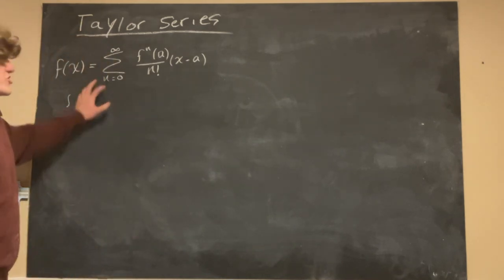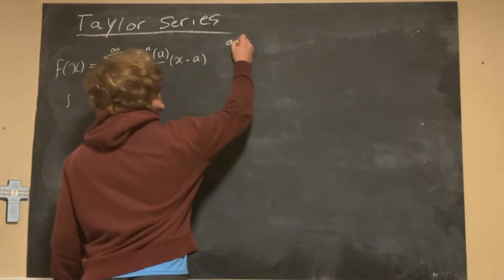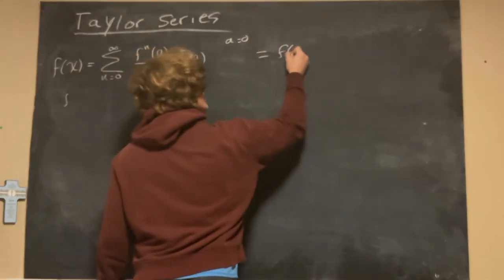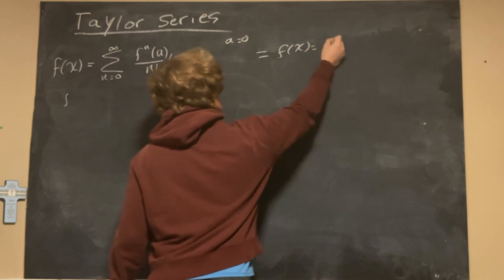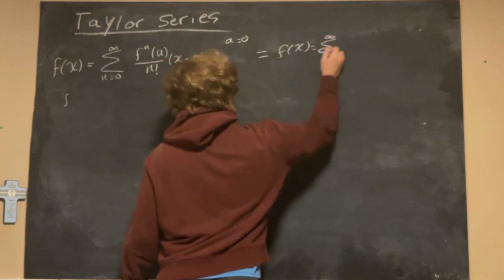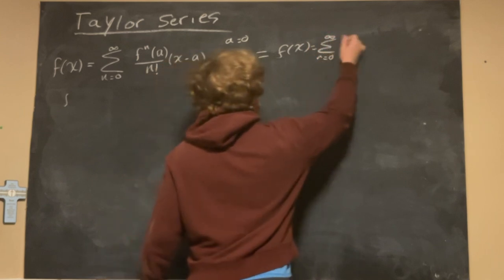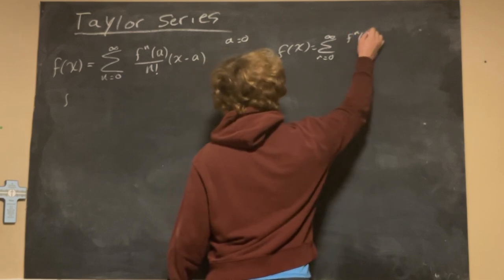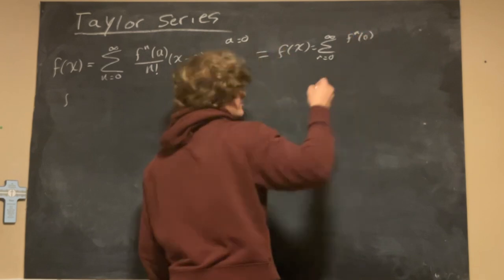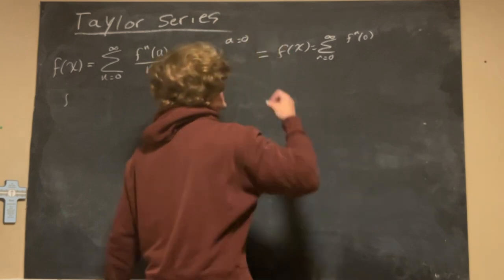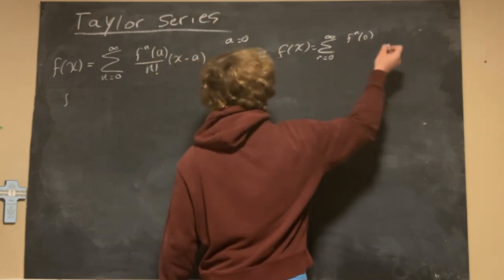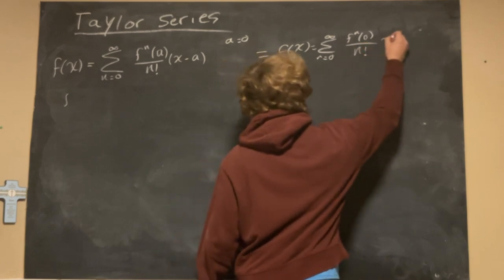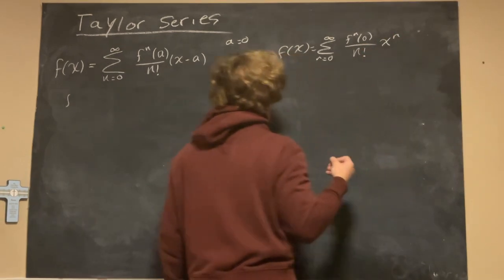So this is our function right here, and in this video we will be using a is equal to 0. So this says that f of x is equal to the sum from n equals 0 to infinity of f to the n of 0, or the nth derivative, not raised to the nth power. This is saying the nth derivative of our function at 0 divided by n factorial times our x to the nth power.